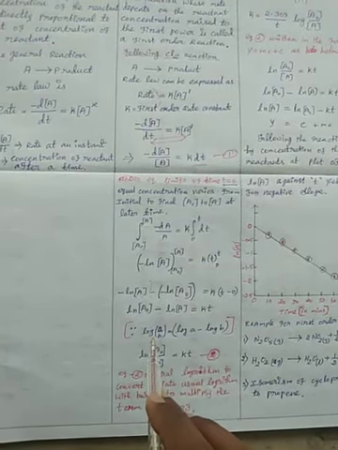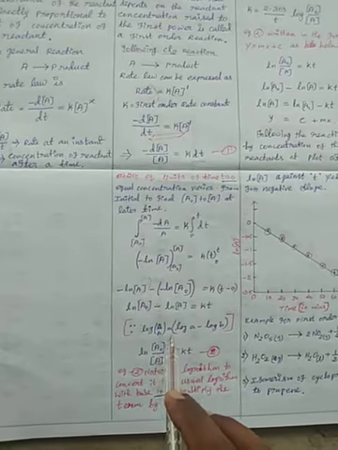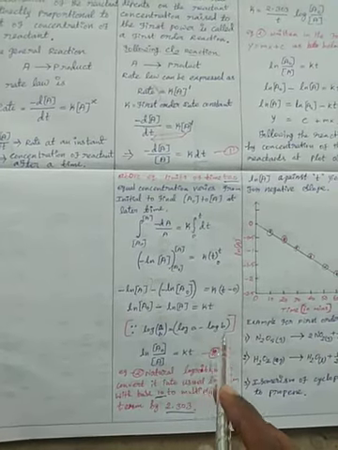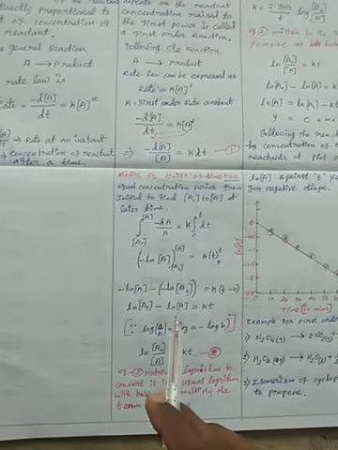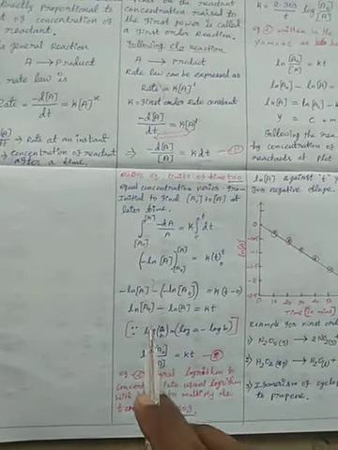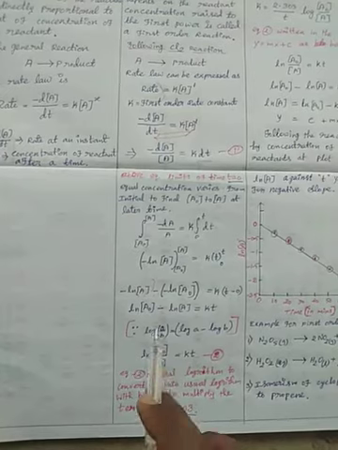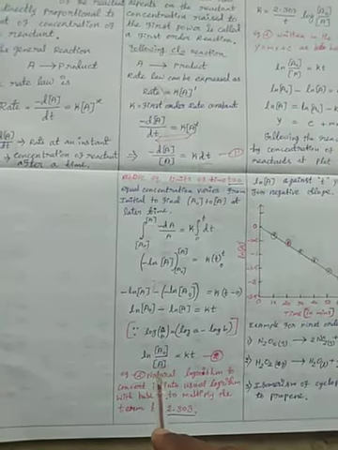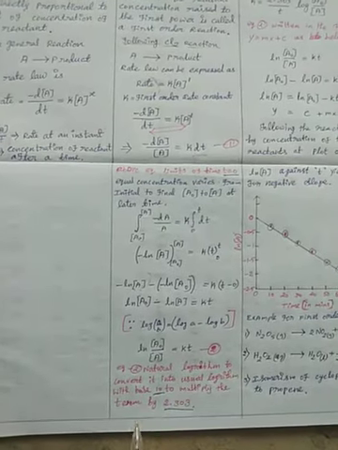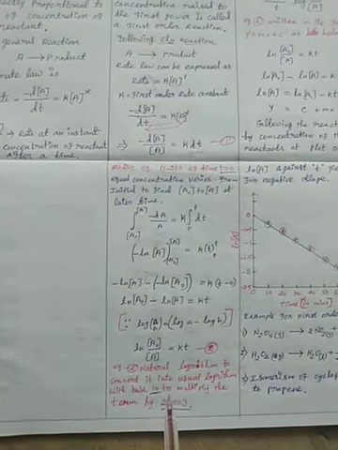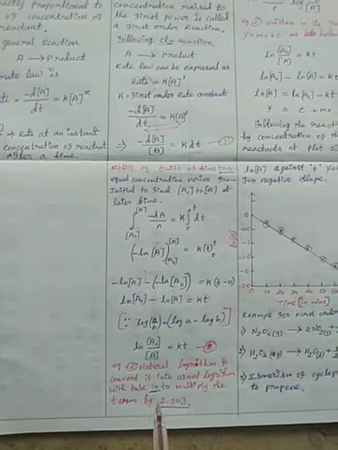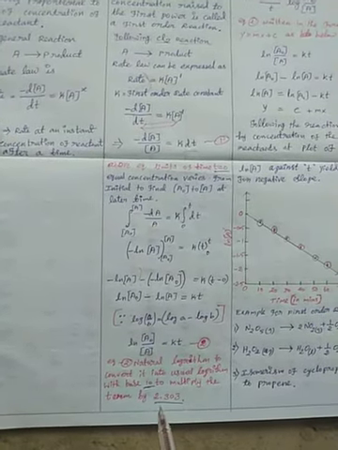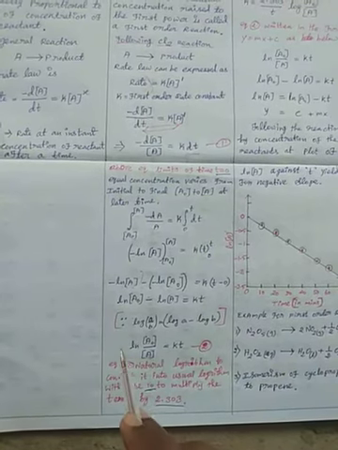So ln A by B is the mathematical formula equal to log A minus log B, students. So ln A naught divided by A equal to kt. Equation 2 is in natural logarithm; converting it to base 10 we multiply by 2.303 and apply it to the log.